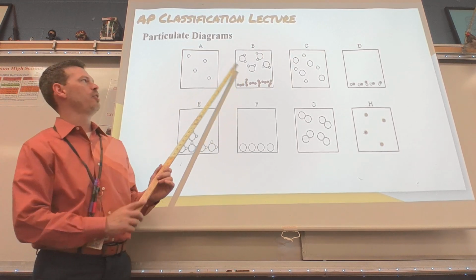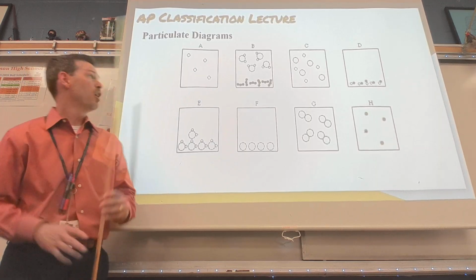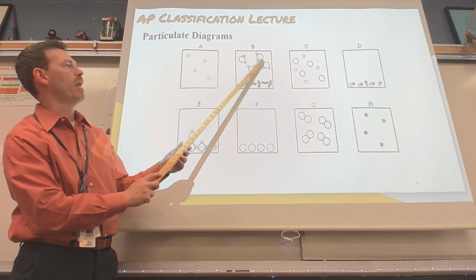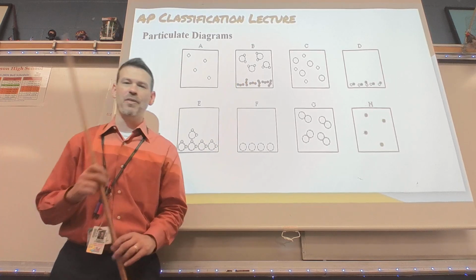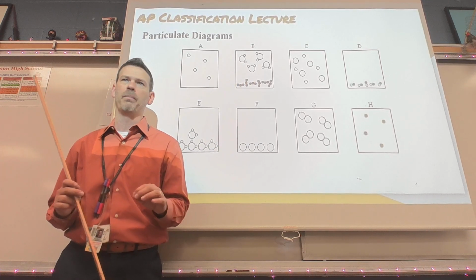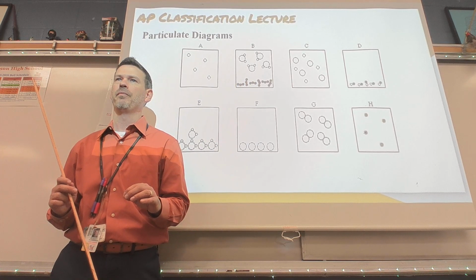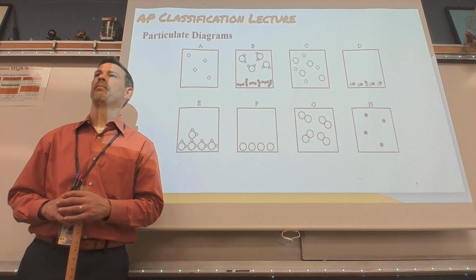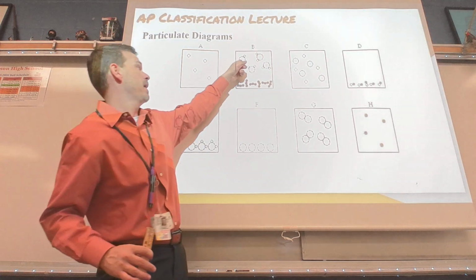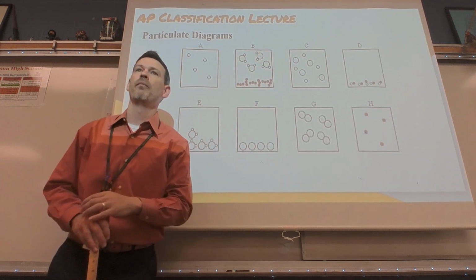What states of matter do you see in B? There's gas floating around up here. What else? And liquid, because we've got stuff along the bottom, but they're not organized along the bottom. Are there different shapes in the particulate? There's a lot of different shapes. I've got big circles, little circles, and dark circles.